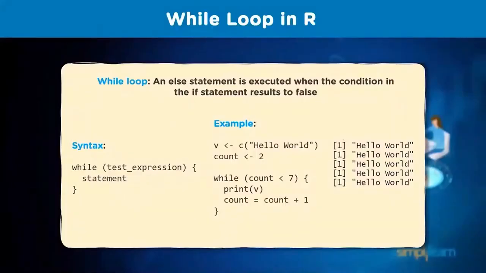Now, what about a while loop? That also can be useful when you're programming in R. An else statement is executed when the condition in the if statement results to false. So what we can do here is pass in a word or a set of words like this.